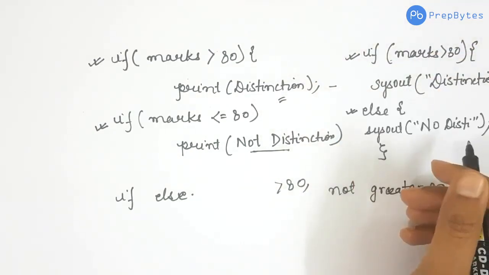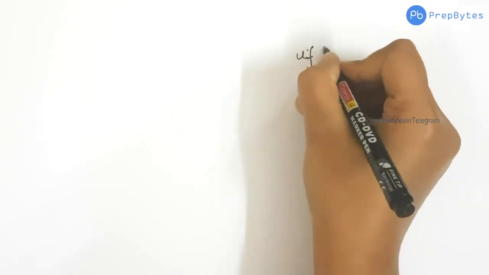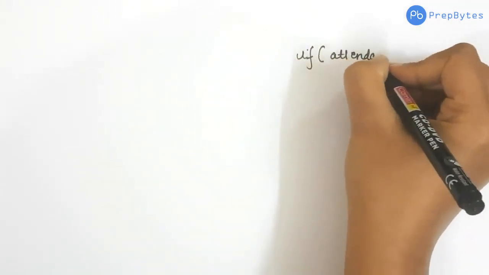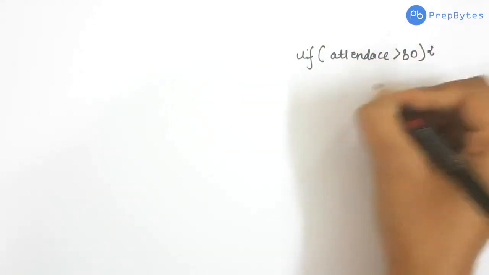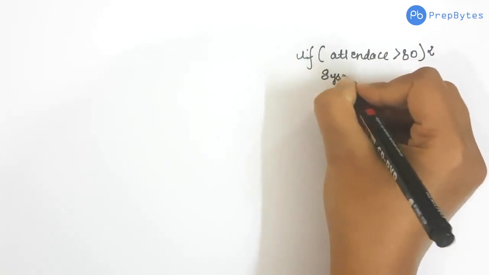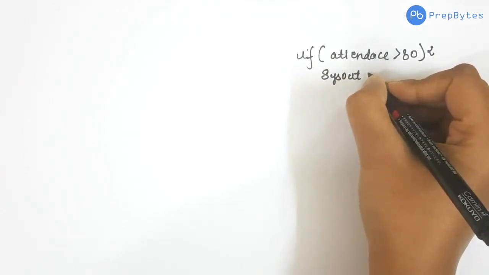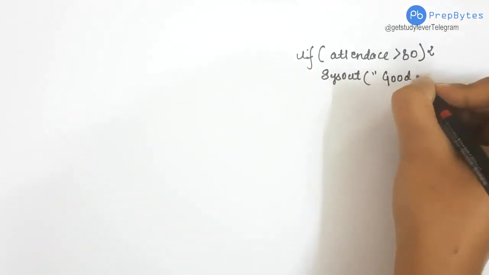Now let's see some of the variations of if else. Let's say I have to calculate the attendance of the student also, I have to take care of attendance also. So let's say I do something like that: if attendance is greater than 80, again sysout good attendance.